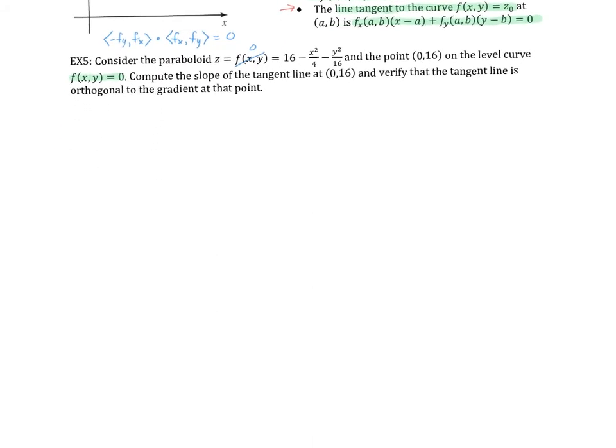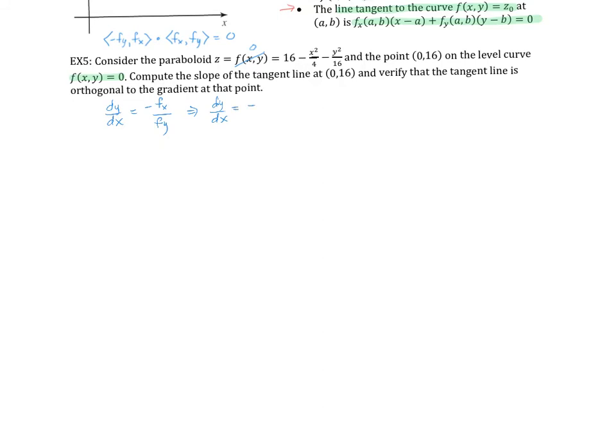We're going to use that the slope dy/dx is equal to negative partial with respect to x over partial with respect to y, which means my derivative is going to be a negative.